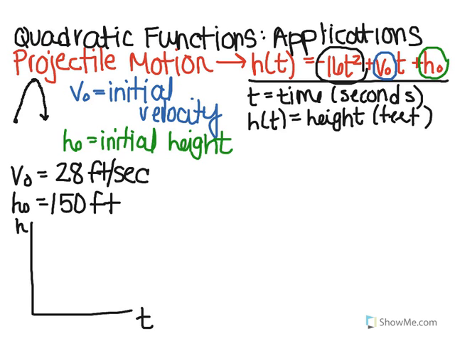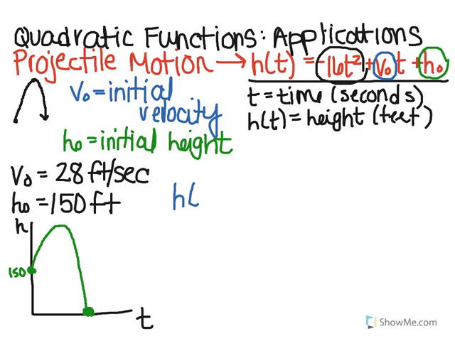If we start from a surface, then we're not actually starting at 0, but 150 feet up, and the object is projected upwards, and at some point, due to gravity, it'll start to decrease in height until, let's say, it hits the ground, where the height would be 0. So we can write a quadratic function to express this object being projected upwards with 28 feet per second initial velocity and a height of 150 feet.